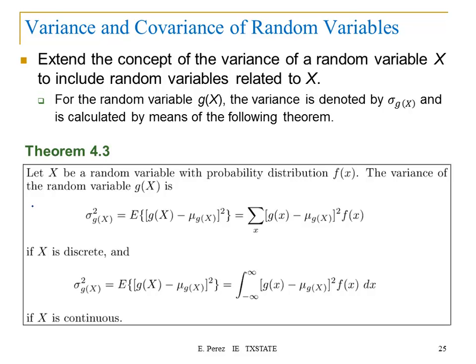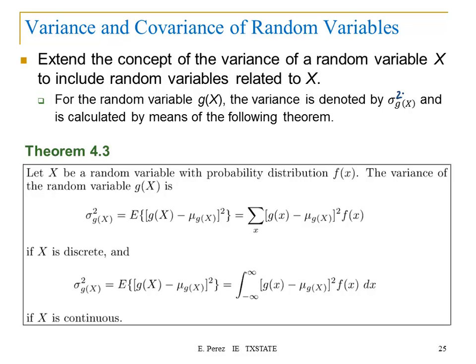This is the same thing we did for the mean. For the random variable g of x, the variance is denoted by sigma squared of g of x, and it's calculated by means of the following theorem.